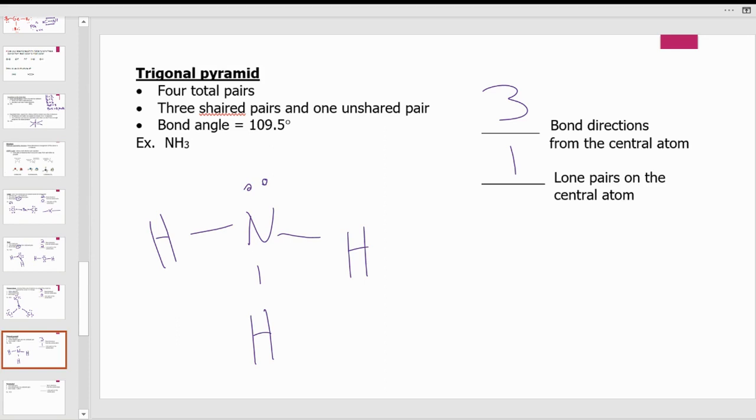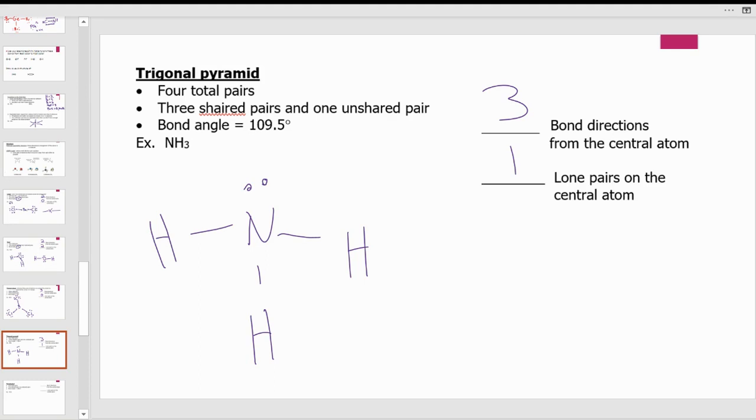If you put this extra pair of electrons, what's it going to do to the bonds? It's going to repel them, and it's going to make them back into that tiny pyramid shape, where on top of the pyramid, there's just a pair of electrons sitting there, pushing the others away. So it's a triangle pyramid.